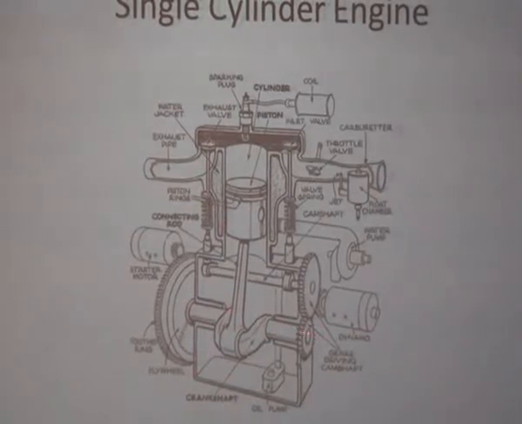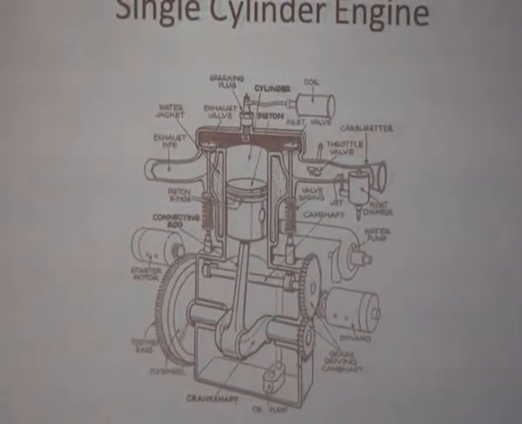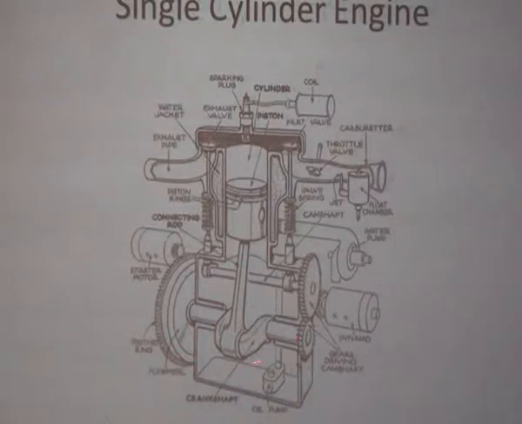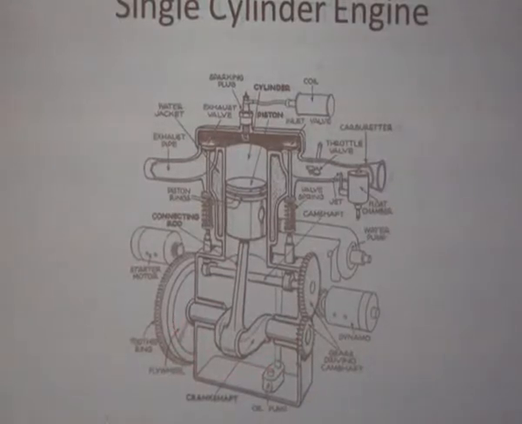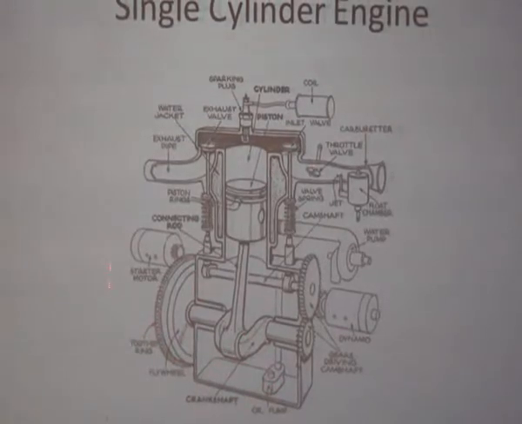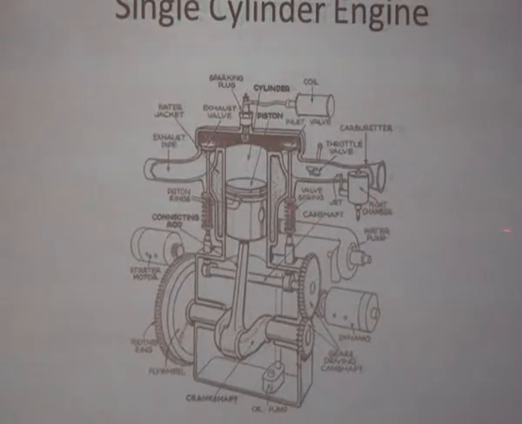It is not on a single axis; it has a main axis and another axis by the side. That's what I was telling about with the example of a bicycle. A similar type of arrangement is happening here. This is a flywheel and other things. This is the oil pan for lubrication, and this is the entire set of arrangement. We have some cooling system also.